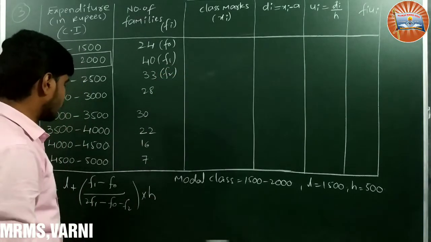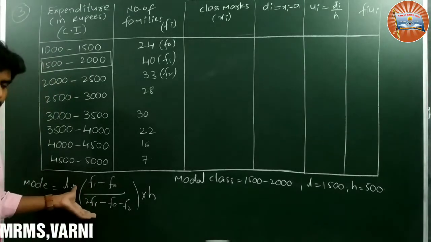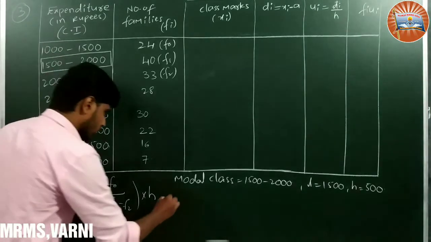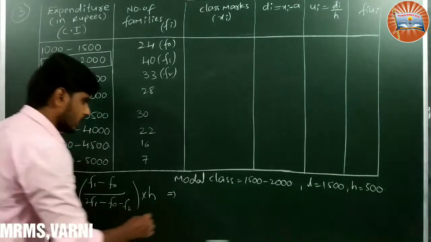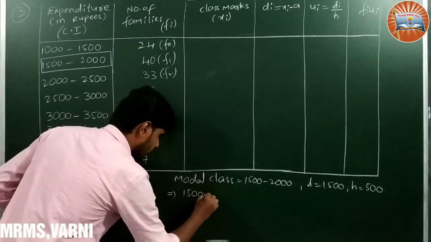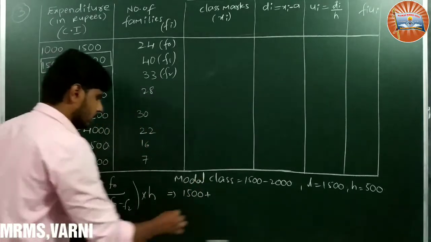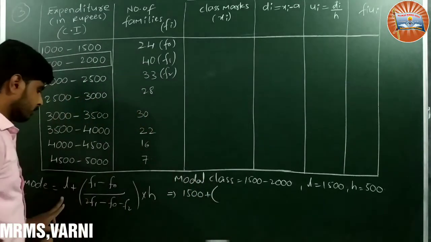Now we have to substitute these values in the given formula. So substitute here. L plus, 1500 plus F1.